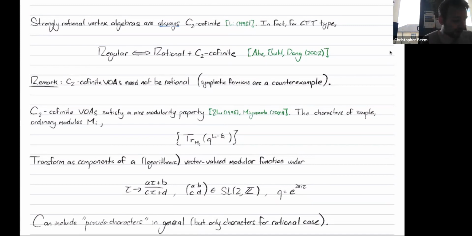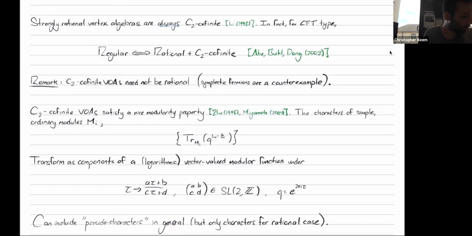And in fact, if you have vertex algebras of CFT type, then regularity, this strongest finiteness condition at the level of modules, is equivalent to rationality along with C2 cofiniteness, which is a result from 2002.